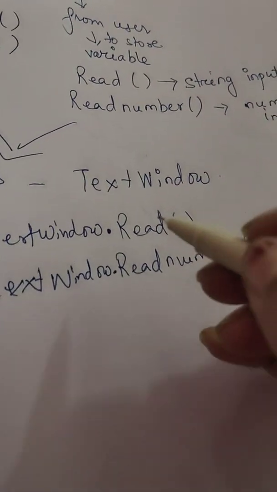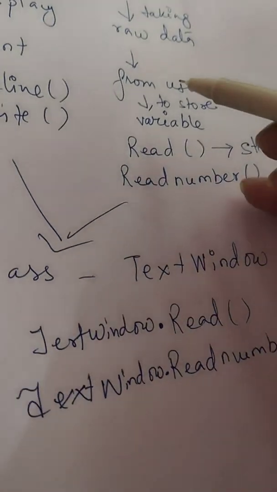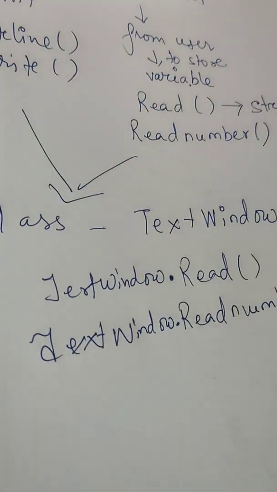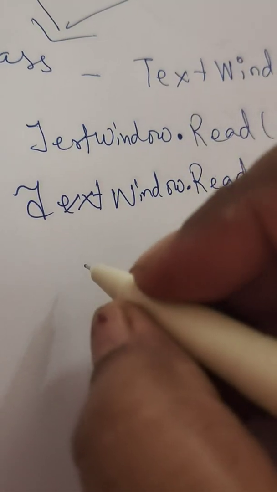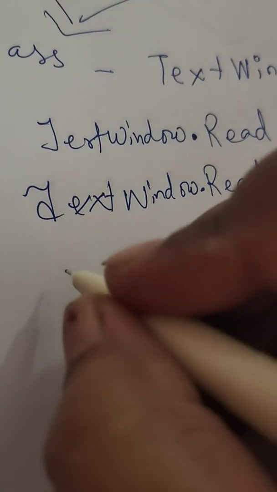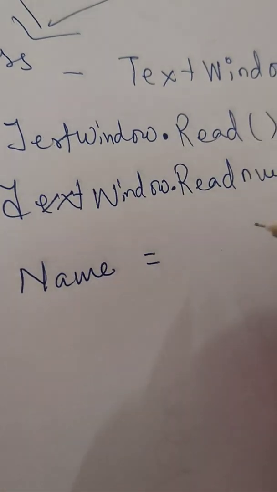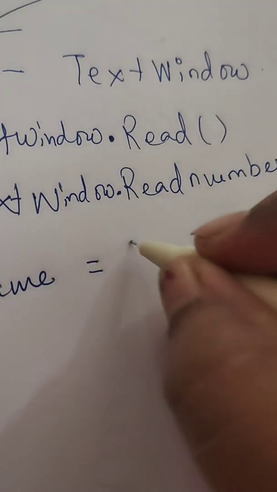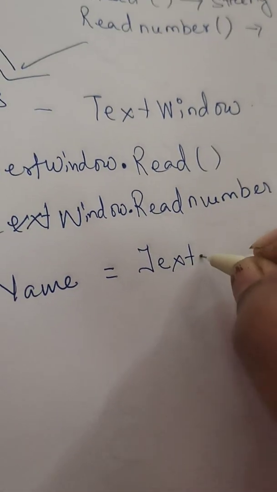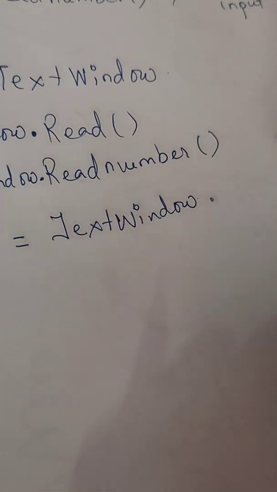Now when it takes the input from the user, where does it store? In the variable. So how do we have to write it? For example, I want to store the name of a student. So how to write that? Name equals, let's write the syntax, TextWindow dot.